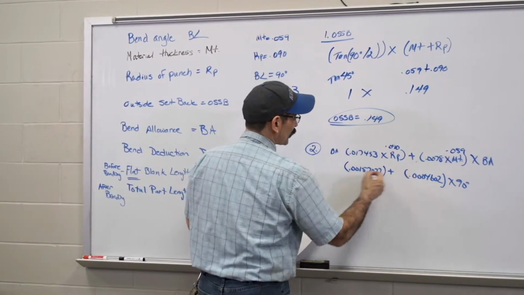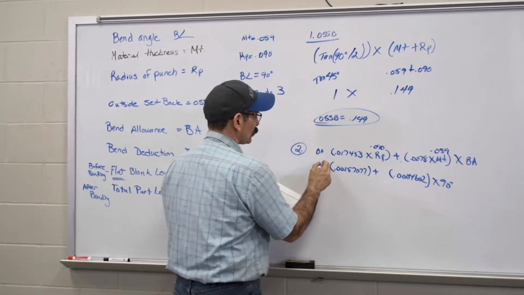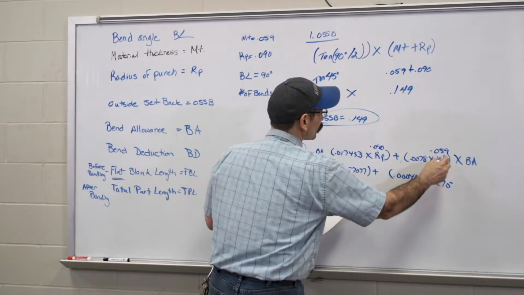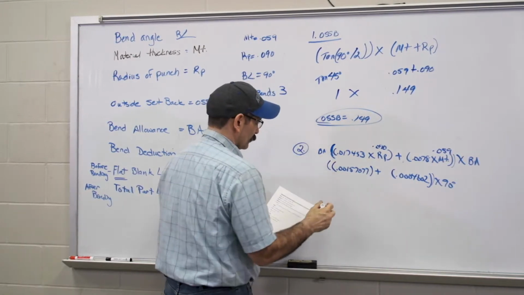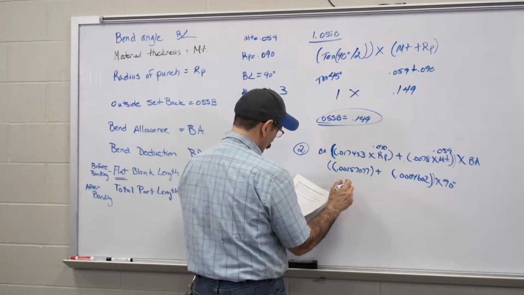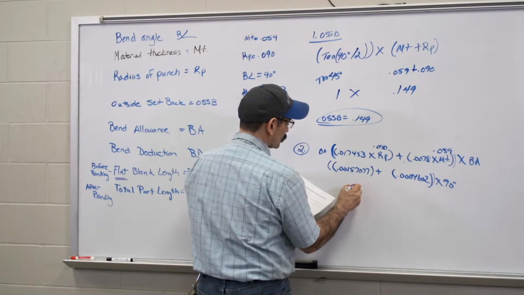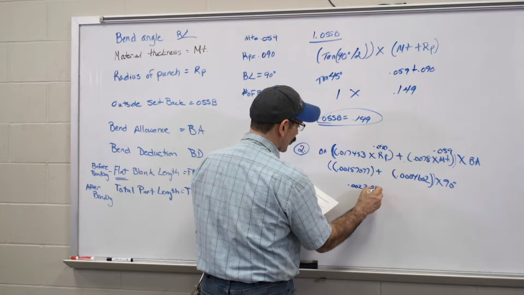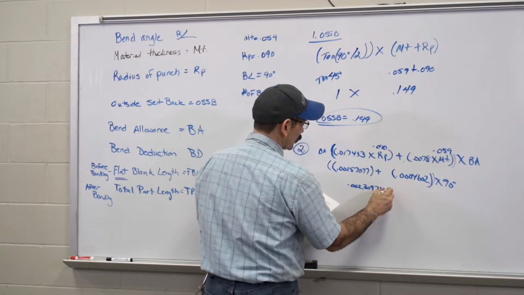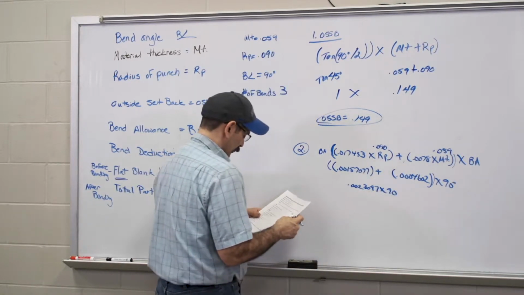So I add these together first, because I'm going to put parentheses around those too. So I have to add everything there first. So this adds up to 0.00230097 times 90. I'm getting there.